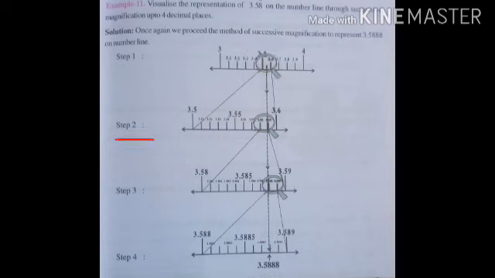Step 2. Between 3.5 and 3.6, divide into 10 equal parts, and the first mark represents 3.51, the second mark represents 3.52 and so on. But 3.5888 lies between 3.58 and 3.59. So round off to 3.58 and 3.59. Step 3.